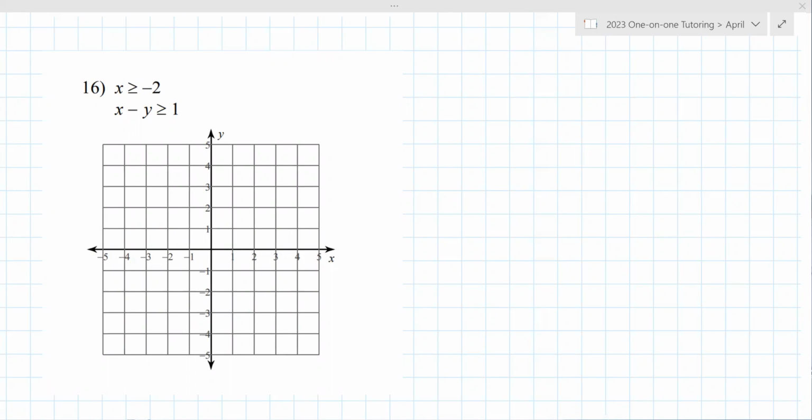I have a question. For the second equation, it's minus y greater than or equal to minus x plus 1. Do I divide by minus 1 in this case or no? Yeah, divide by -1.